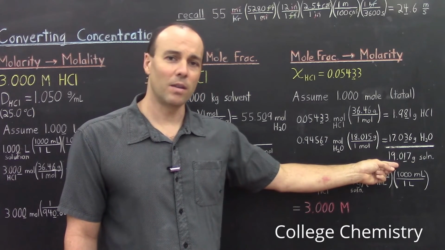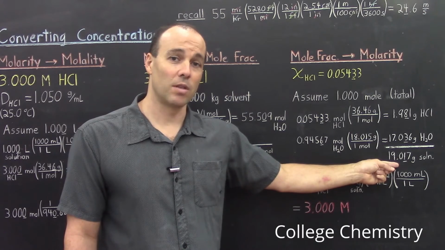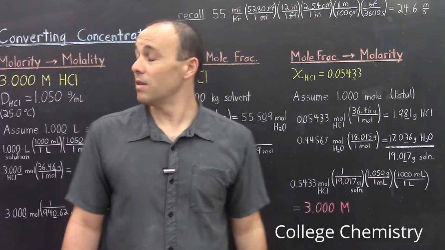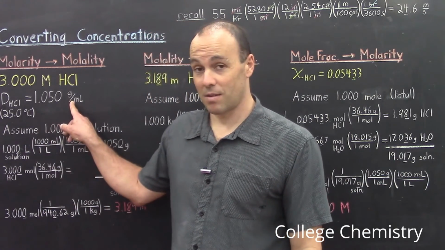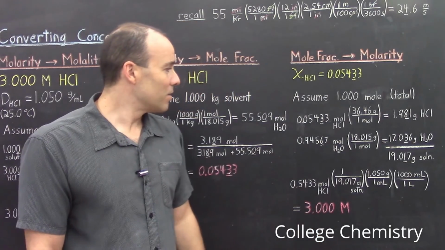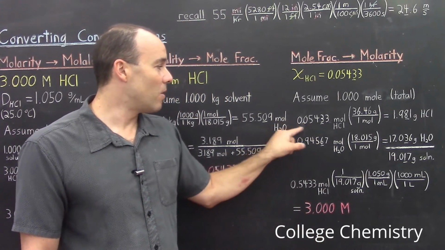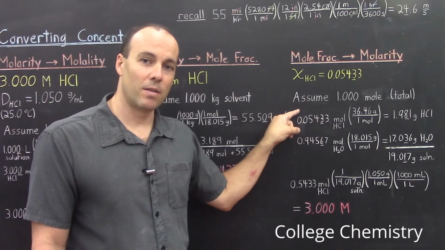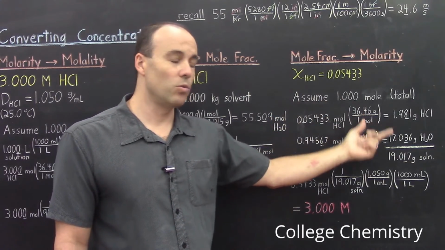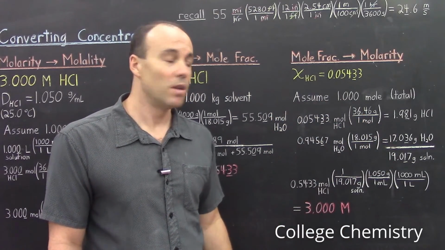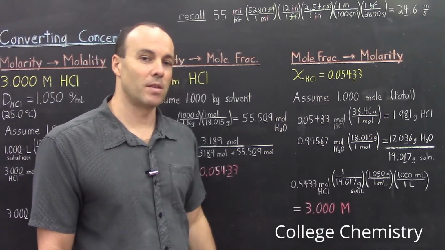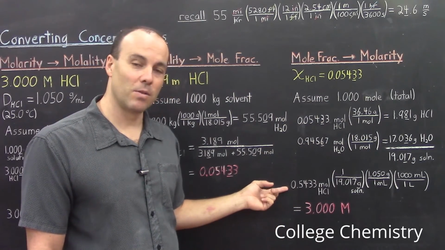Now, we can convert our mass of solution to liters of solution using the density again. So we already know how many moles of HCl, and we know how to get to volume of solution, so we should be able to get to molarity. And here's how we do it.